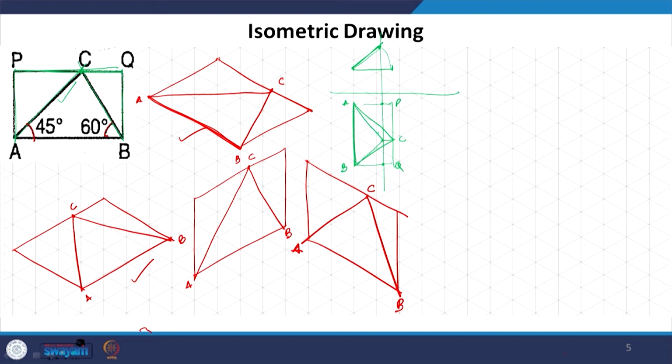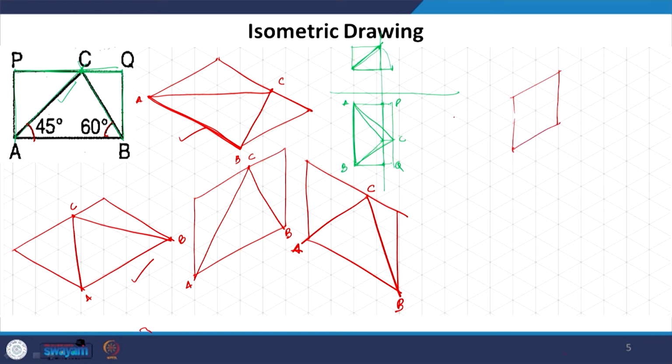Now, what we know actually is this is what this reference rectangle is going to be in elevation, and this is what this new reference rectangle is going to be in the plan, which is what we will take to the isometric. Okay. So, we will take these reference rectangles in isometric now. So, suppose it is inclined like this. So, we will have say this here.